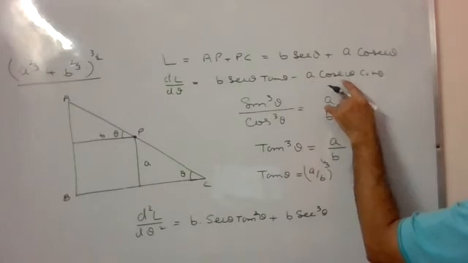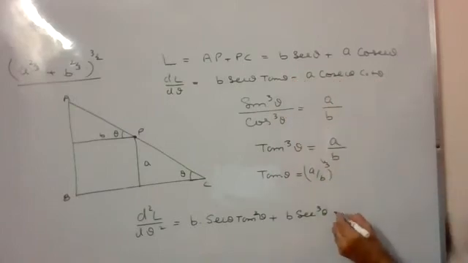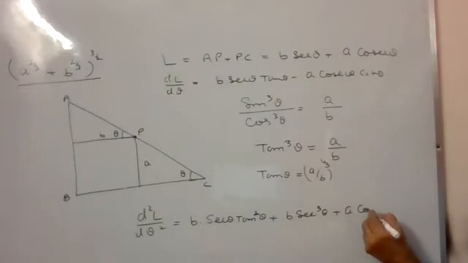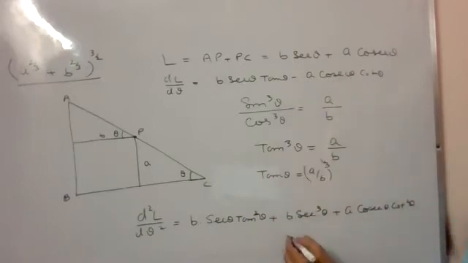Then minus A cosec theta cot theta differentiated gives plus A cosec theta cot square theta, and then plus A cosec square theta times cosec theta, so plus A cosec cube theta.